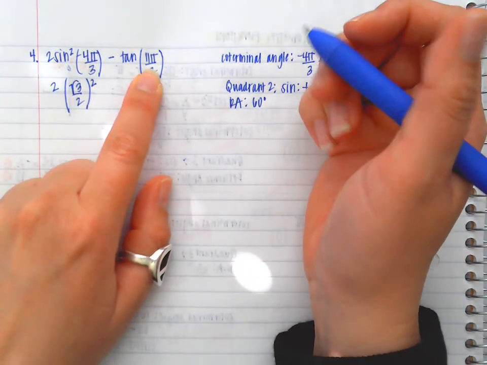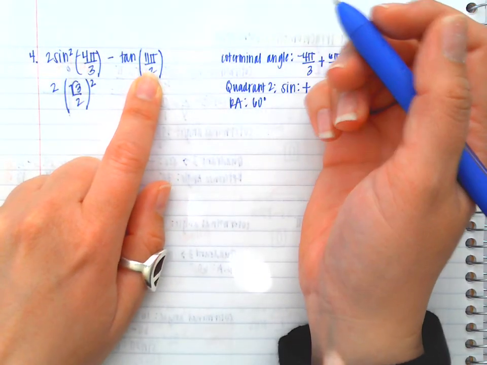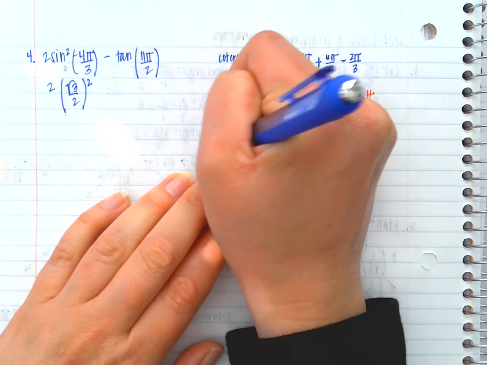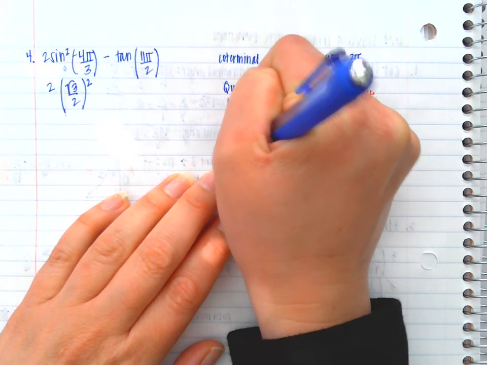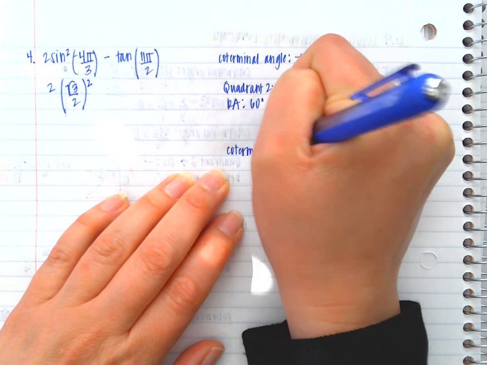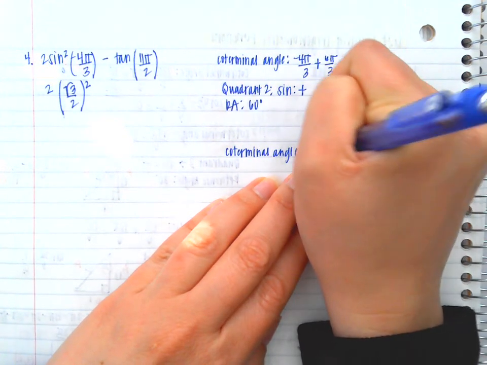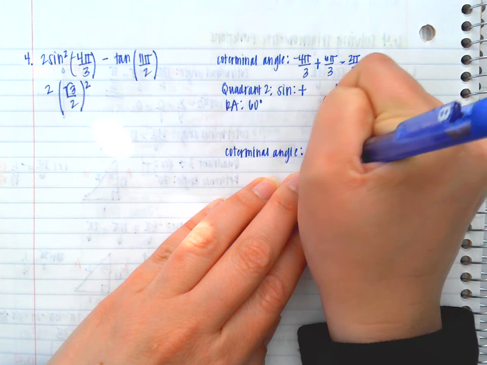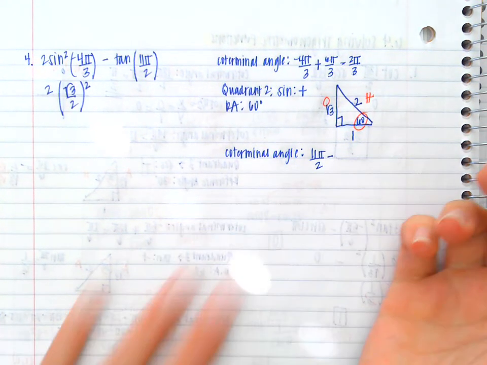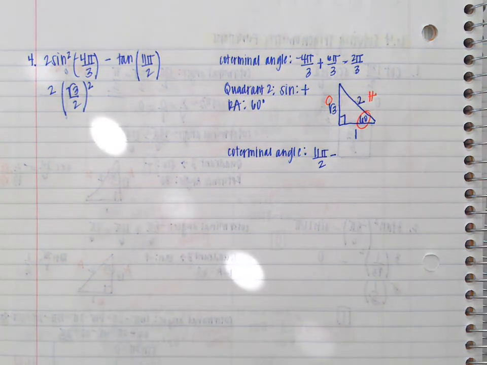Again, that's greater than 2 pi. So my coterminal angle is the first thing I need to get. So you can keep subtracting by 2 pi, 2 pi, 2 pi, 2 pi.